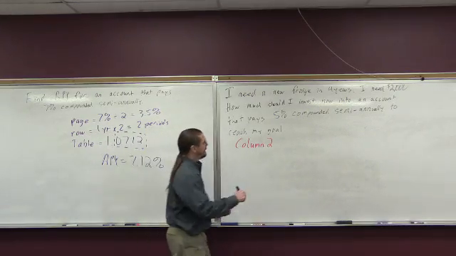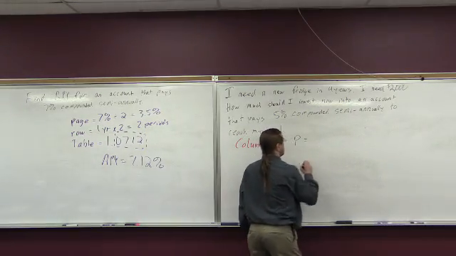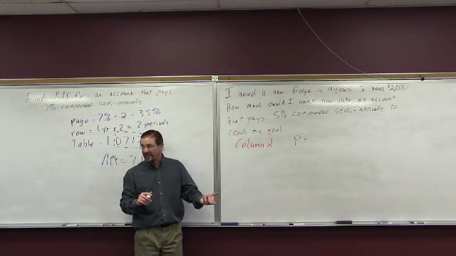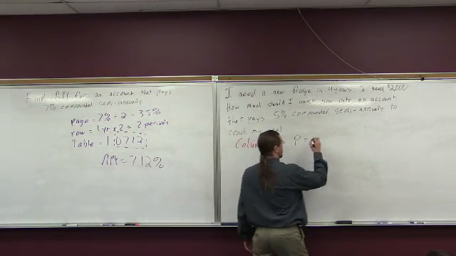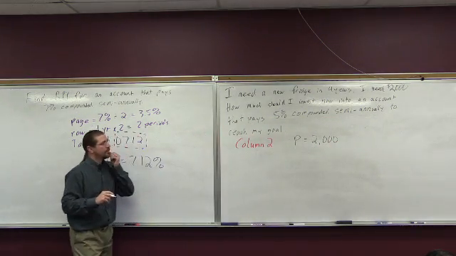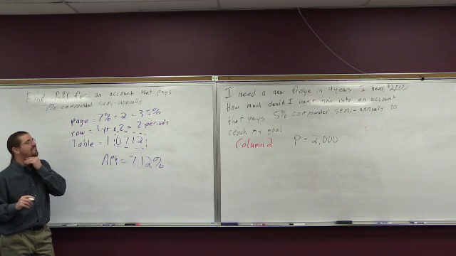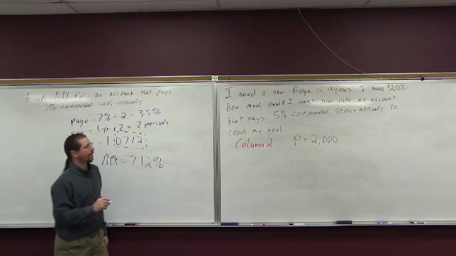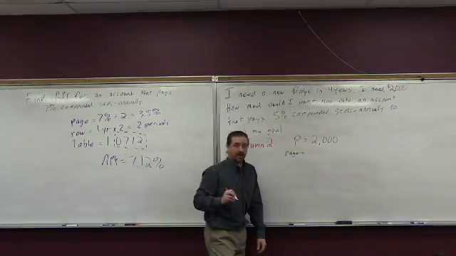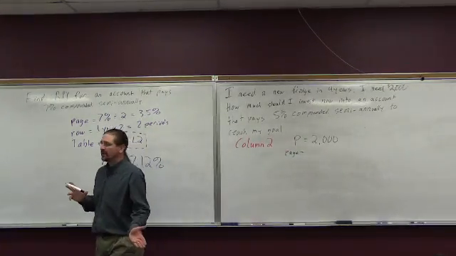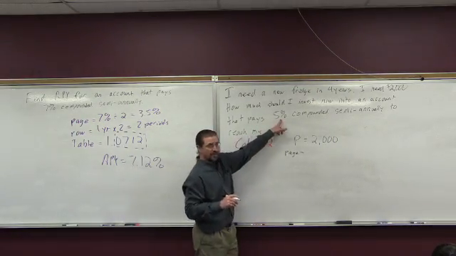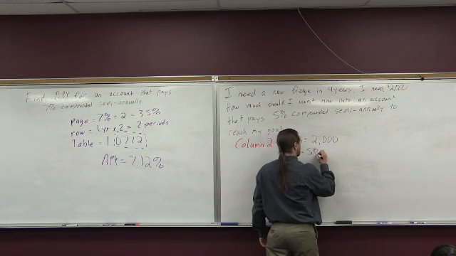So P is the $2,000 that I want to reach. Then go to the page and do exactly the same thing as if this were a column 1 problem. So, 5%, and what am I going to do with 5%?